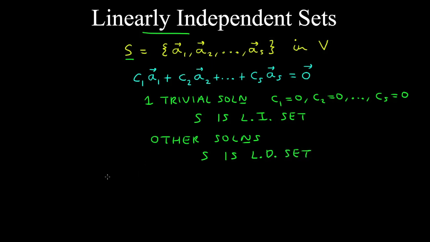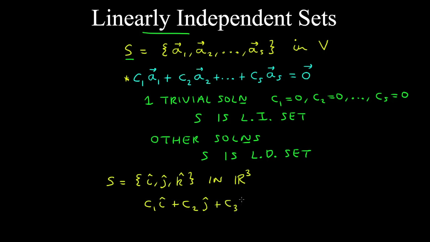So for example, if we had the set of unit vectors in 3 space, writing this equation out for our case here, we have a coefficient C1 by I plus C2 by J plus C3 by the unit vector K, and that's equal to 0.